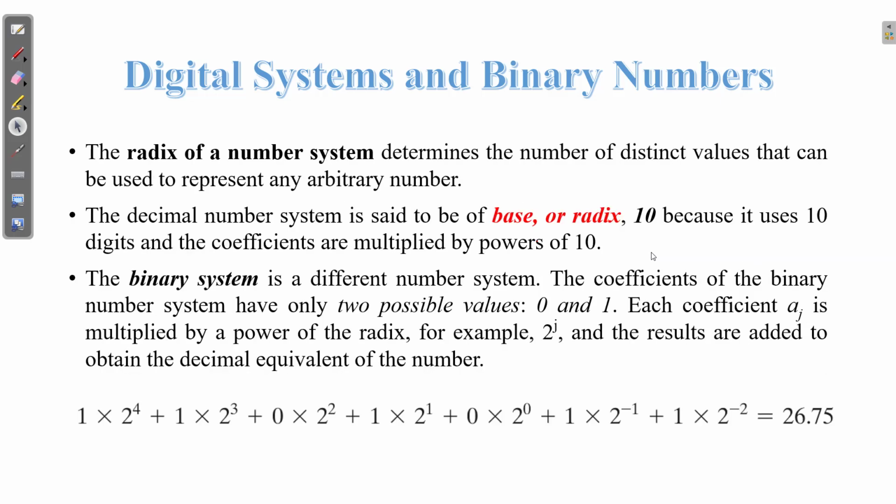So in the case of the binary system, the same thing happens: if we have a number, we can rewrite or expand it by its radix, base, and powers as the place value of each digit.